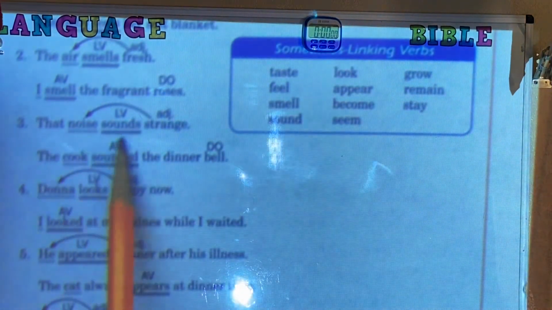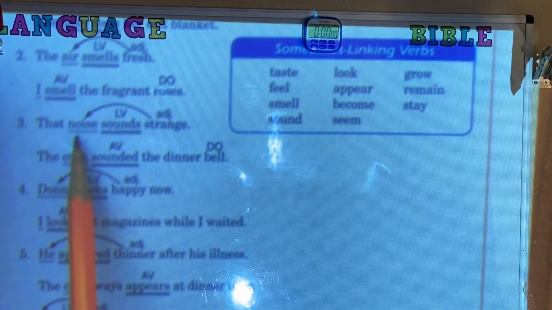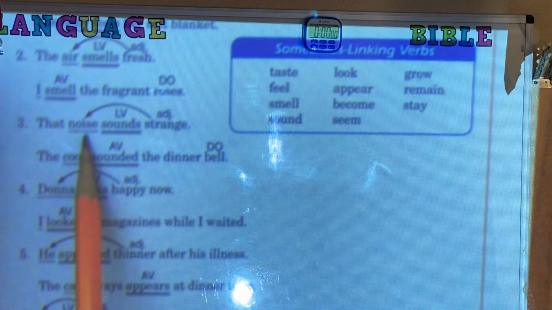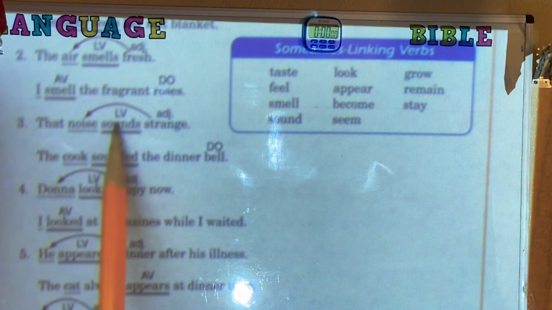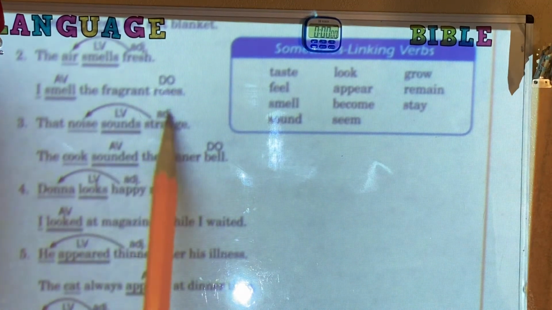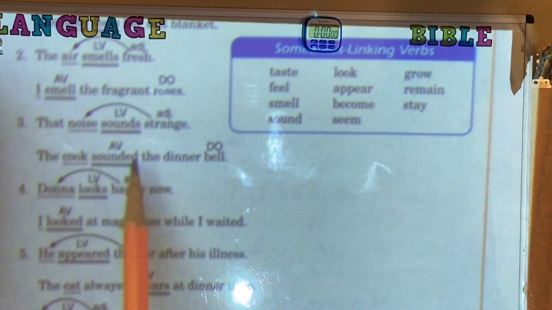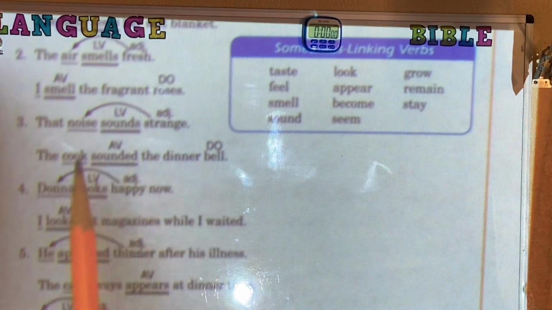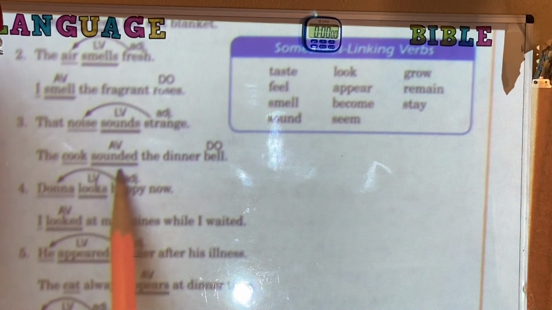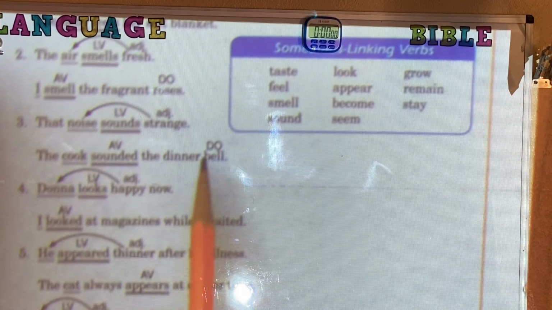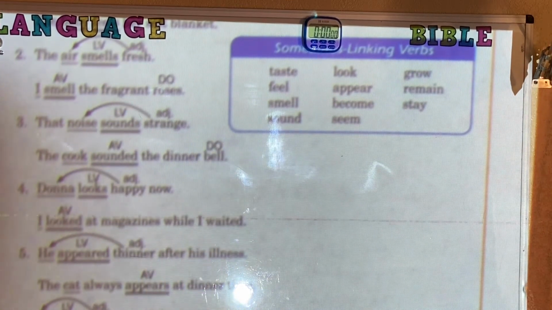That noise sounds strange. Noise is the subject, sounds is the linking verb, strange is the adjective because it describes the noise. The cook sounded the dinner bell. Cook is the subject, sounded is the action verb, the dinner bell is the direct object.